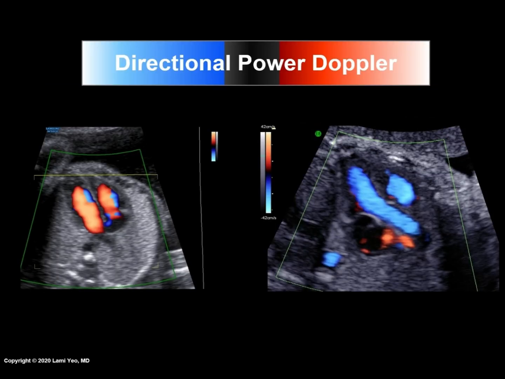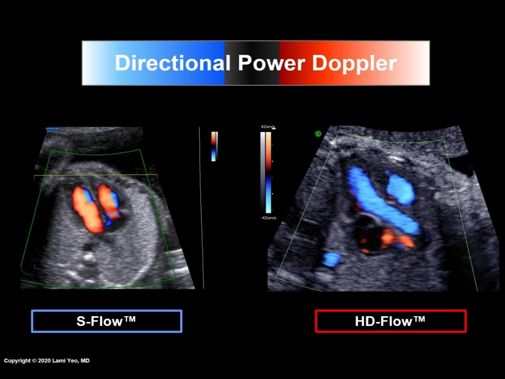Depending on the ultrasound platform, directional power Doppler technology may be known by different names. S-Flow is found on Samsung machines, while HD Flow, which stands for high definition, is primarily associated with GE Healthcare ultrasound machines.